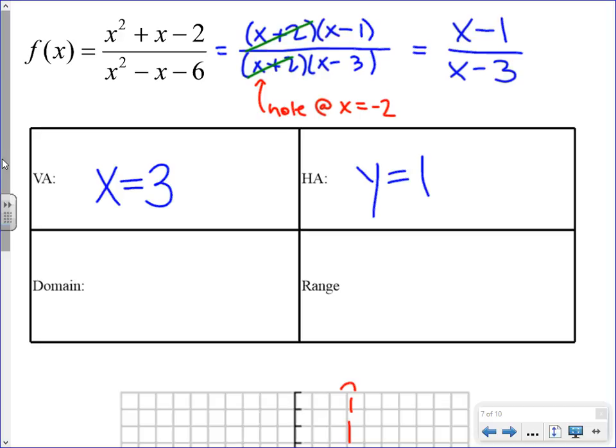I know we simplified down to here, but when we're looking at where our original has a denominator of 0, that's what we have to consider for domain. So our domain is negative infinity to negative 2, negative 2 to 3, and 3 to infinity. We have to exclude both negative 2 and positive 3.